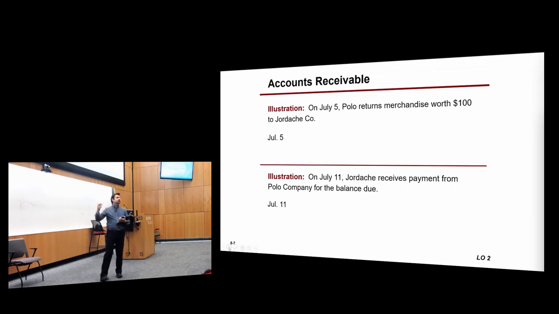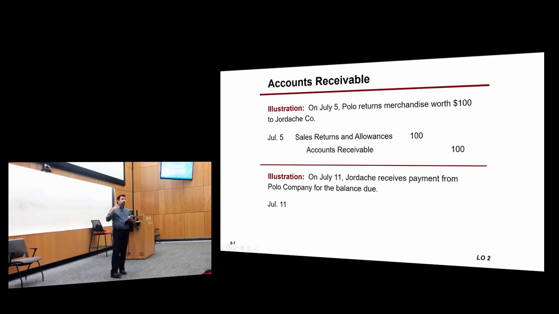For the sake of simplicity, we're not looking at the second entry. We're only focusing on the receivable. So in this case, when you have sales returns and allowances, that's the contra revenue. What do we credit? Accounts receivable. We did that before. This is why I'm going fast, because we did all this before.